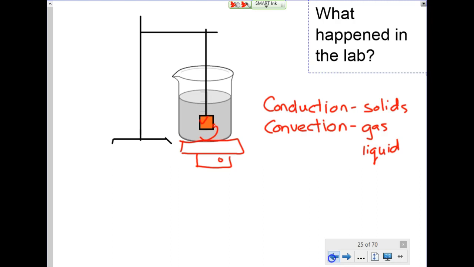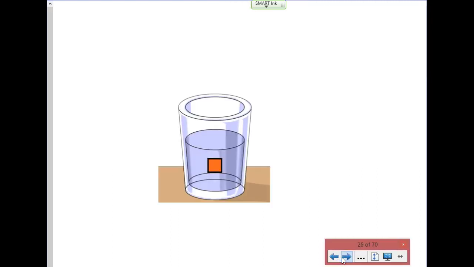In the second part of the experiment, when you put the block of metal into the coffee cup, how was heat transferred from the metal block to the water? Oh, but is the water made up of solids?